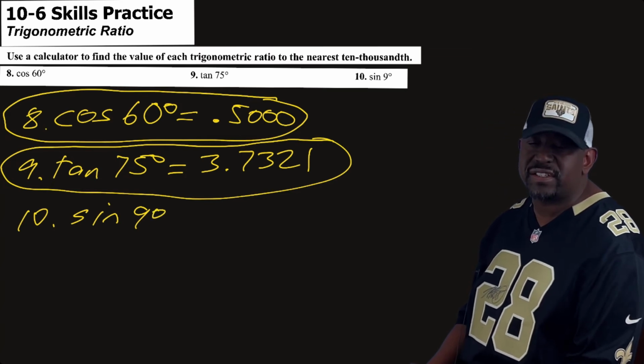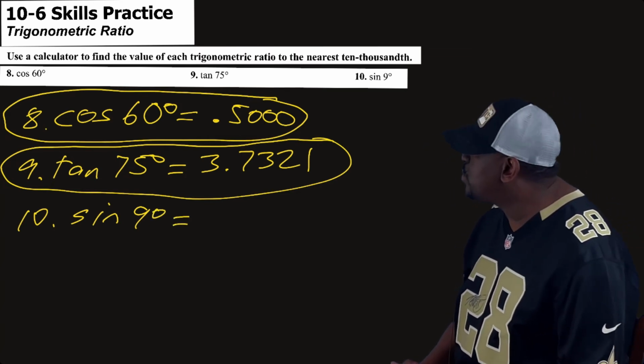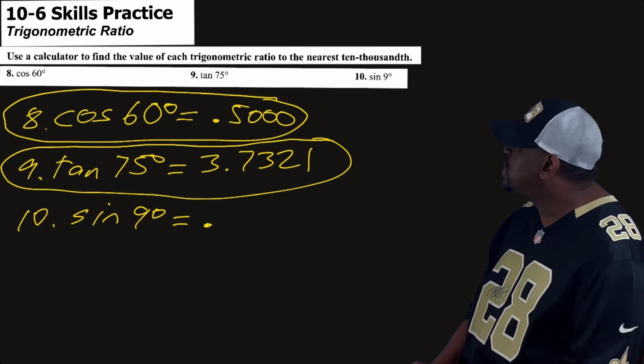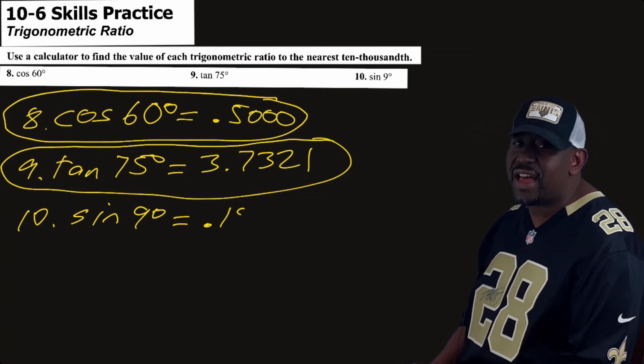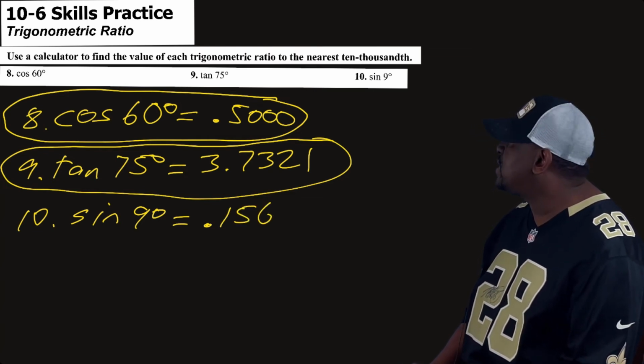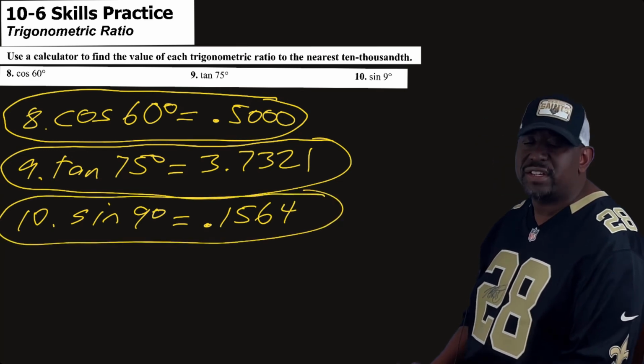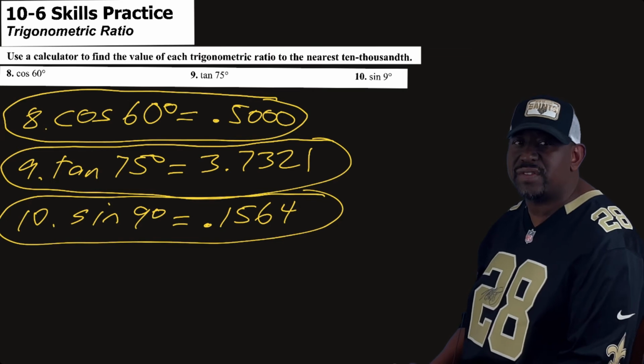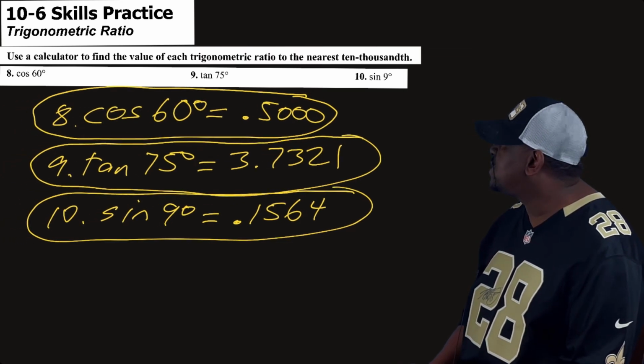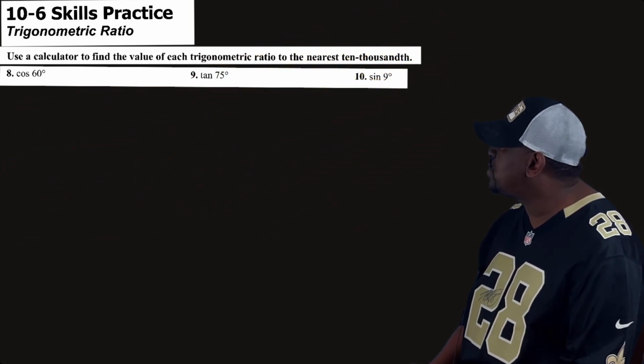I'm going to plug it into the calculator and we'll produce an answer, and we round it to the nearest ten-thousandth, don't forget that, and the answer will be 0.1564. And so that's the value for sine of 9 degrees. And so there we go, we're done with those.